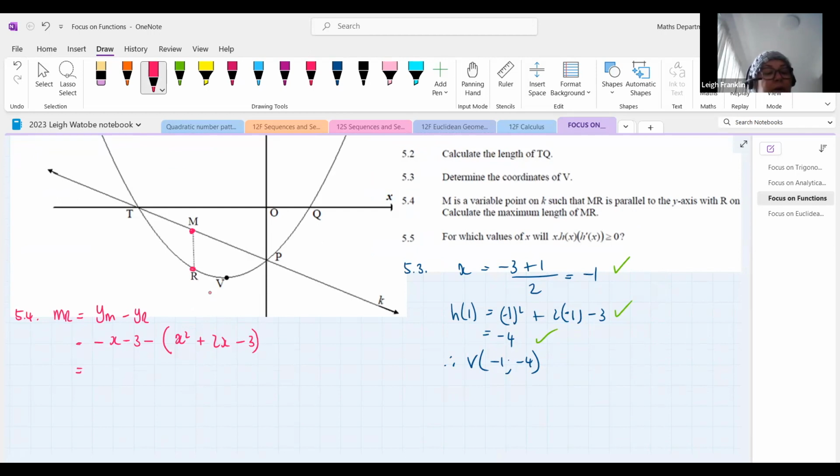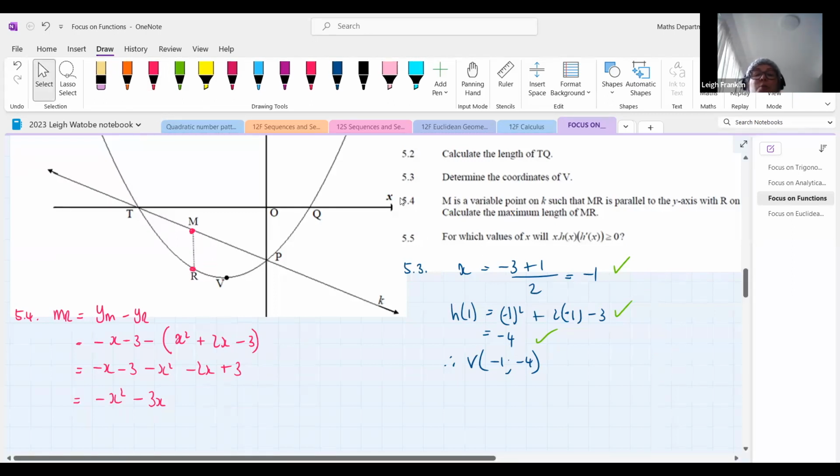So again, if I remove my brackets, I'd get minus x minus 3 minus x squared minus 2x plus 3, if I've removed my brackets correctly. And then if I just simplify all of this, I'd end up with minus x squared minus 3x. Okay, so I've got the length of MR now in terms of x.